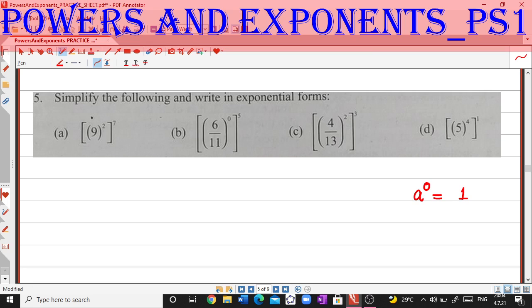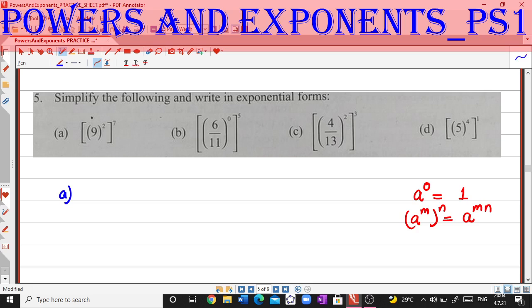Any number raised to the power 0 is equal to 1. The next rule, which we have already discussed in one of the above questions, is a to the power m whole to the power n. This will be equal to a to the power the product of m and n. So we have to apply these rules here.